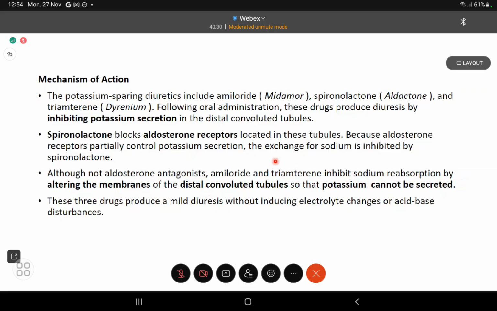Only these two drugs are able to inhibit or alter the conditions of the membrane, especially in the distal convoluted tubule, to inhibit or alter the potassium secretion. So even though they belong to the same group, they roughly have different mechanisms of action.